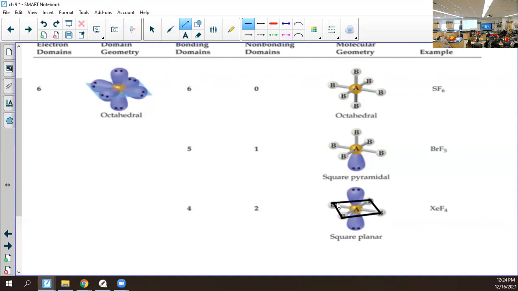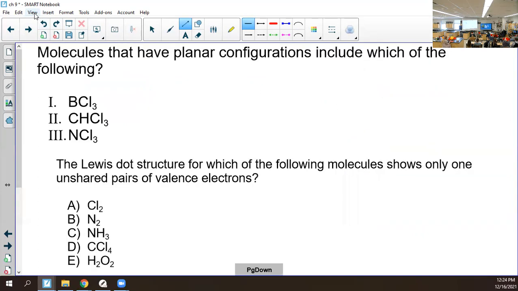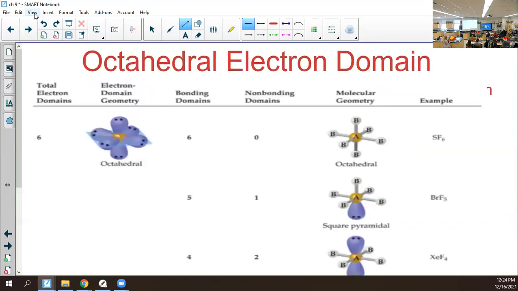Yes, Seth. So with 5, the unbonded will be on the side, but on 6, it'll be anywhere because they're all the same. These are drawn top and bottom, but really they're anywhere. It just rotates. That one's called square planar.